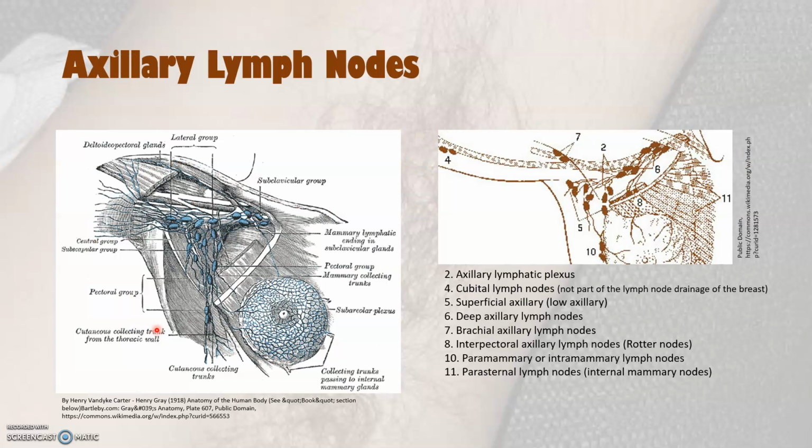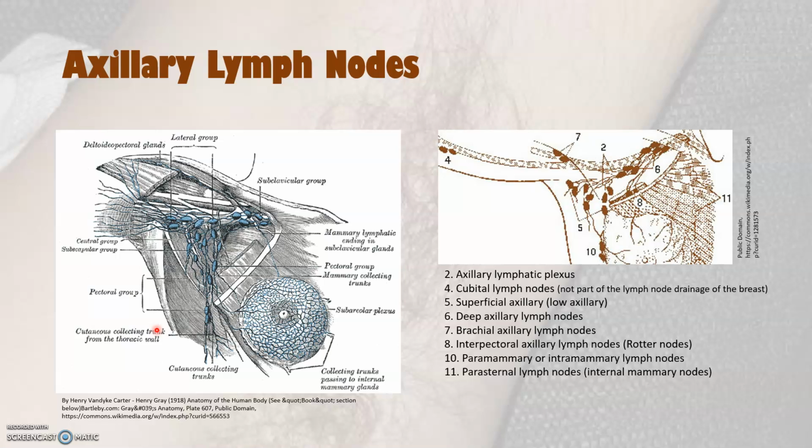So the breast tissue drains superficially to the axillary nodes, and these are divided into four main groups: the anterior or pectoral group, the posterior group, a central group, and an apical group. There are also some subclavicular nodes which are part of this grouping, but they're not really in the axilla. They are just outside the axilla, in the deltopectoral groove.